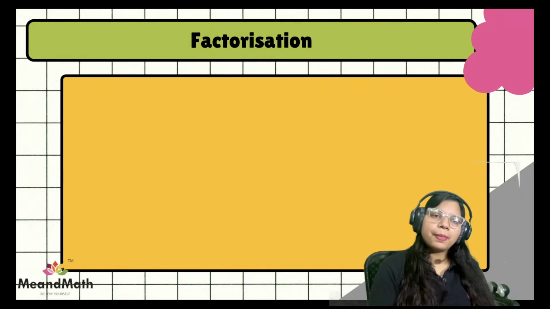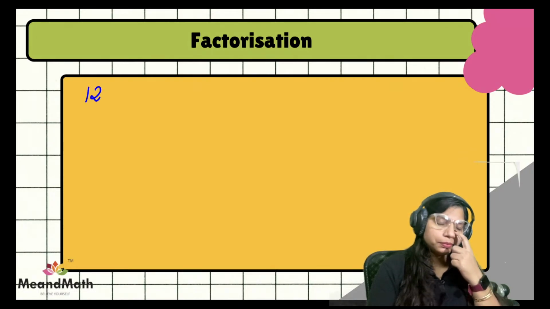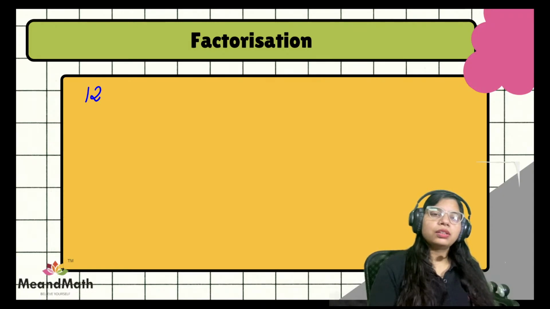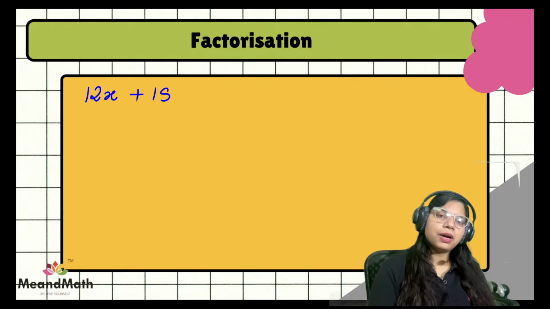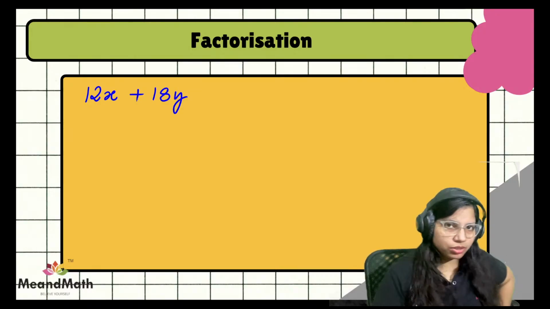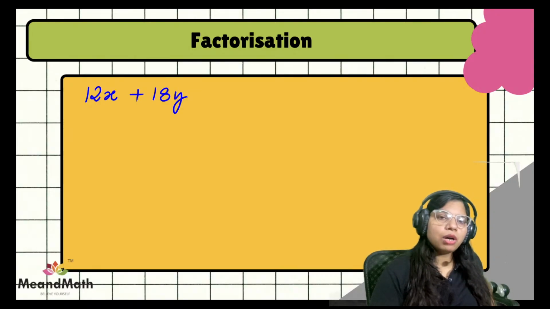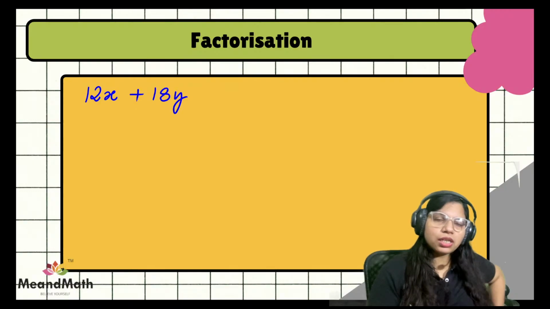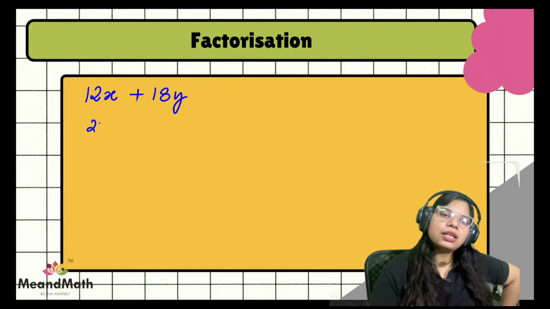If I say 12x plus 18y, now the variable is not common, that is true. So is any number common? The coefficient of these variables. So 12 and 18, let's break it down. We can say 2 times 3 times x.